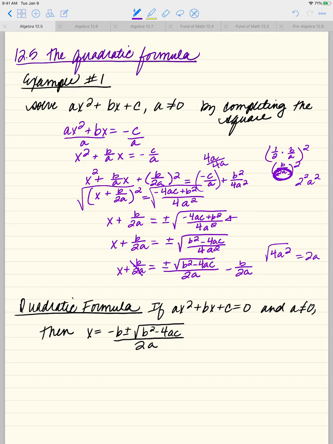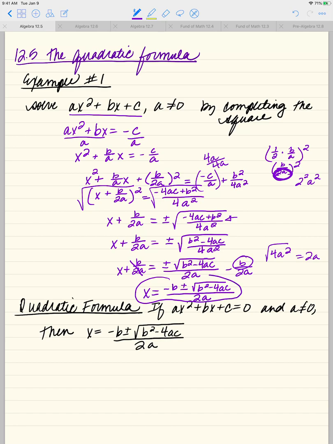I have 2a in both of those. So x is equal to negative b, that's coming from right here, plus or minus the square root of b squared minus 4ac over 2a. And I have just solved the standard form of the quadratic equation for x.